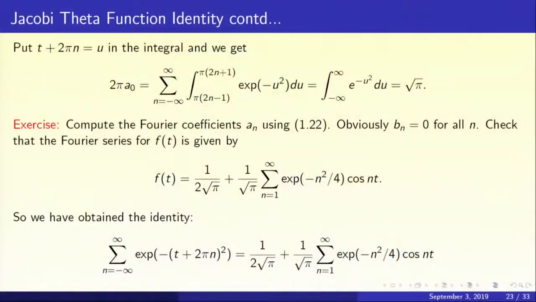What is the original function? Look at the last displayed equation on the left hand side. Summation n from minus infinity to infinity exponential of minus t plus 2 pi n the whole squared. And the right hand side is a displayed Fourier series. Let us try to put t equal to 0. You get a beautiful identity.